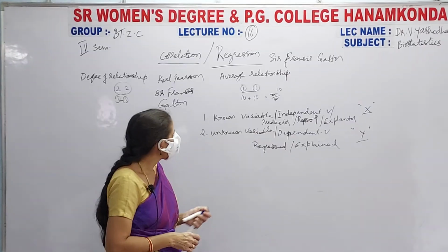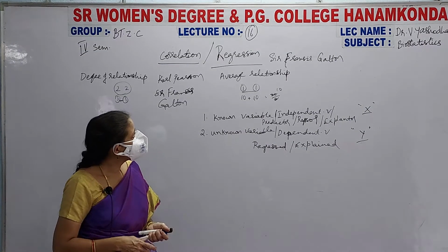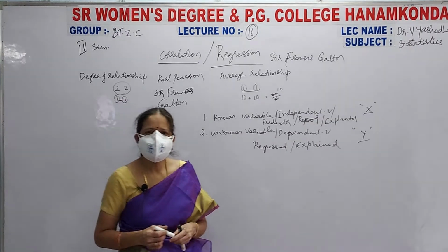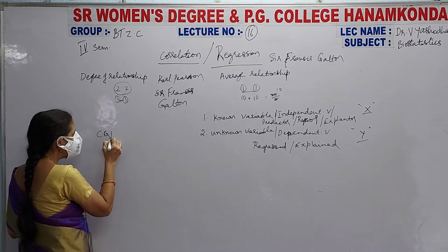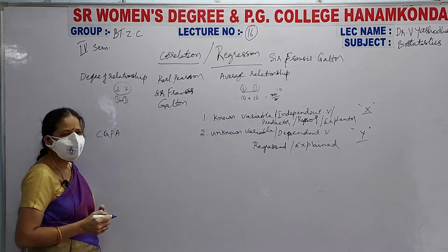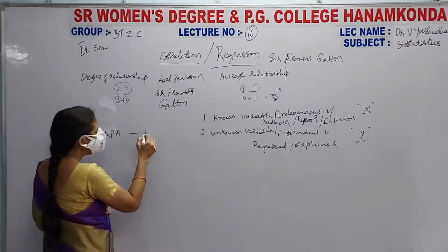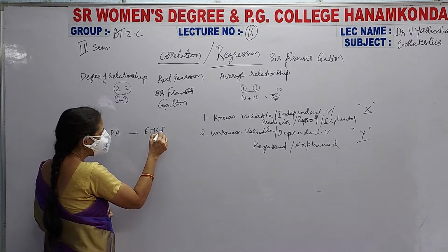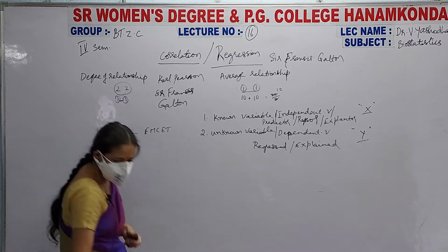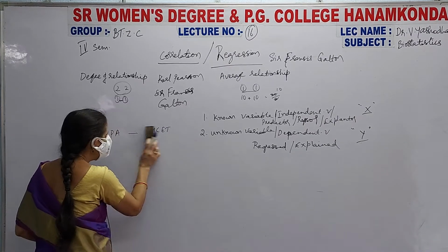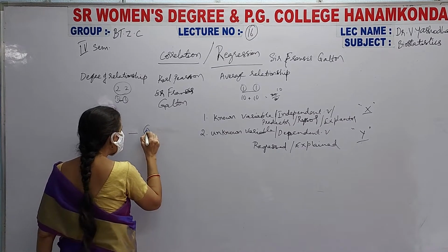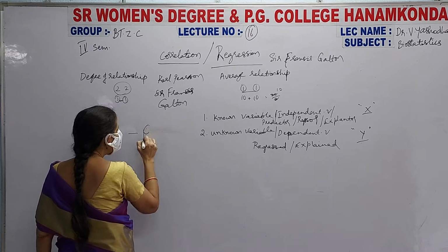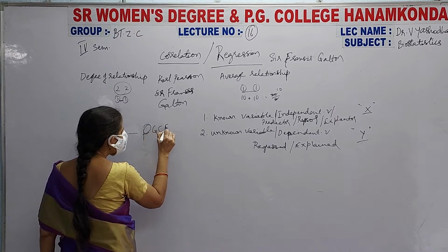Okay, now I will give you some examples of regression. See here, suppose your CGPA. In the last class I gave the same example. This is CGPA and this is your PG entrance score, TS PG set.